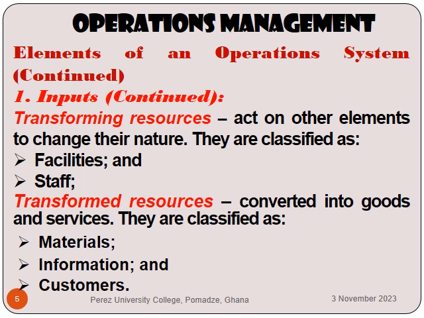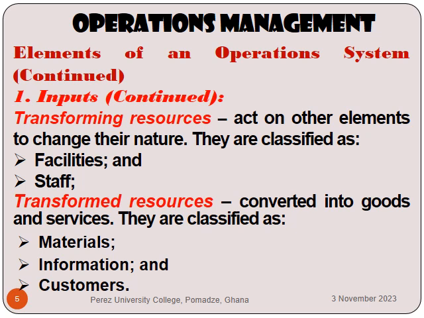They are transforming resources or inputs and transformed resources or inputs. Transforming inputs often act on other inputs to change their nature, so they are used in processing inputs. On the other hand, transformed inputs, they are processed, and through processing they are converted into goods and services.